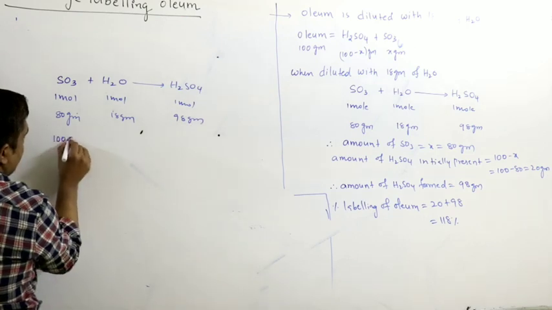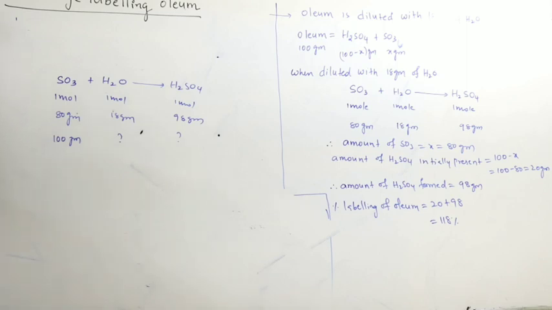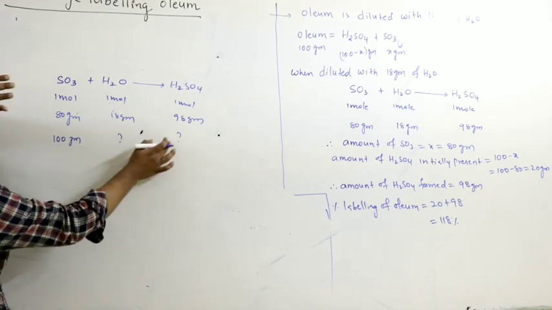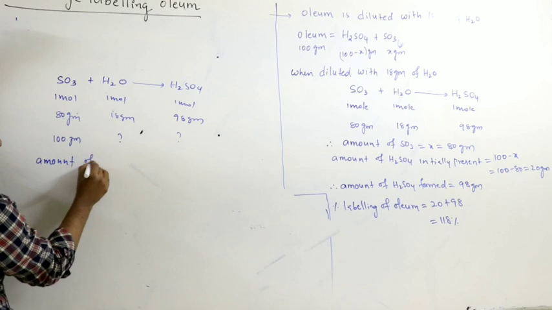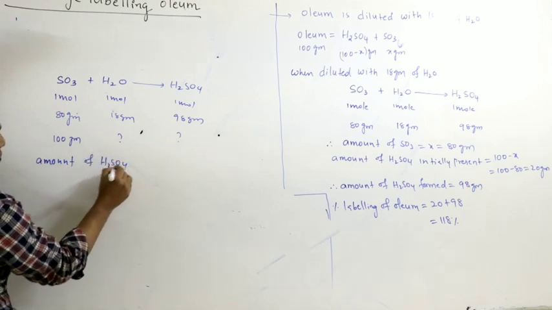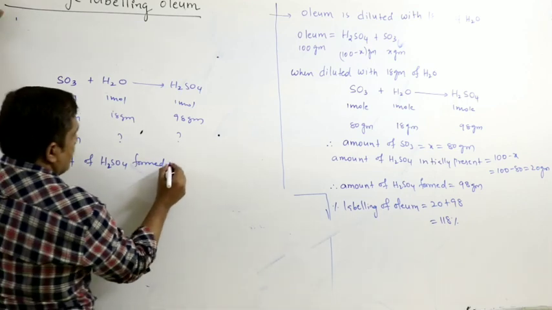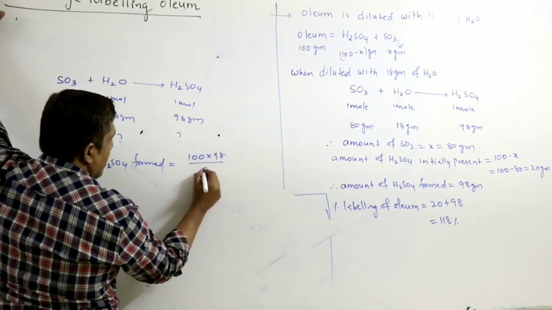Suppose it is 100 grams, then what do I get if all the 100 grams is SO3? The amount of H2SO4 formed will be equal to 100 into 98 by 80.